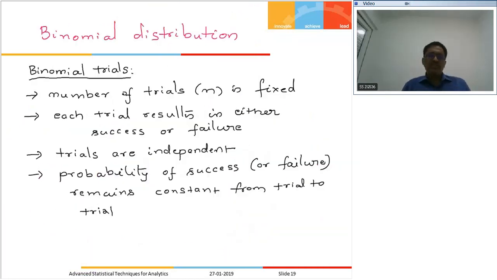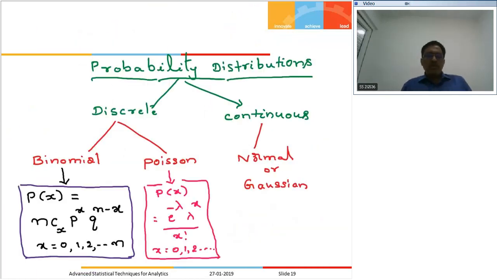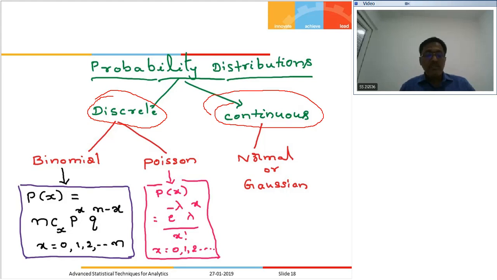We'll proceed further. So next comes, now I hope we are very clear with respect to random variables, where we have discrete and continuous. Whenever we say discrete, we have p of x.